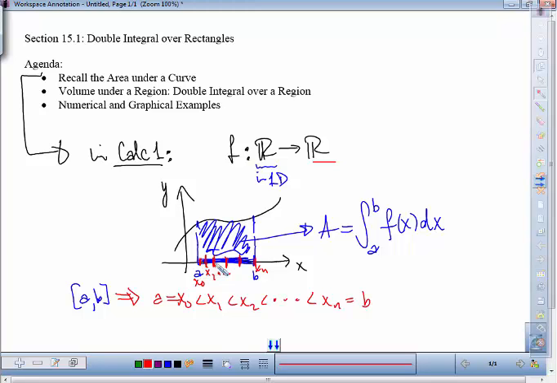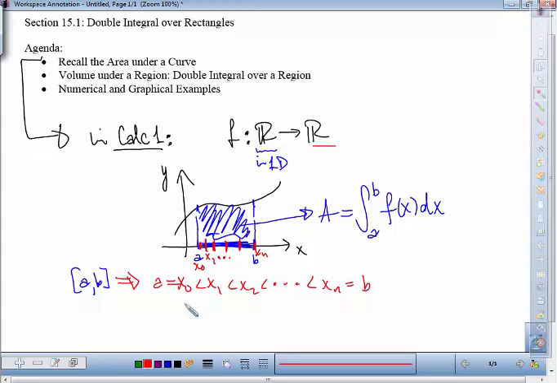Then we take a look at little subintervals, x sub 0 to x sub 1, x sub 1 to x sub 2, and then x sub n minus 1, the second to last one, to the last one. These all live in our domain from A to B.